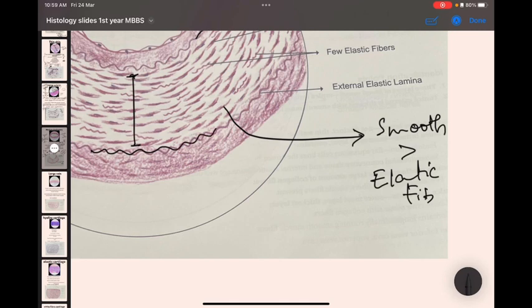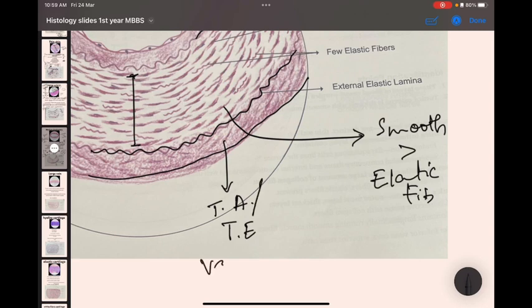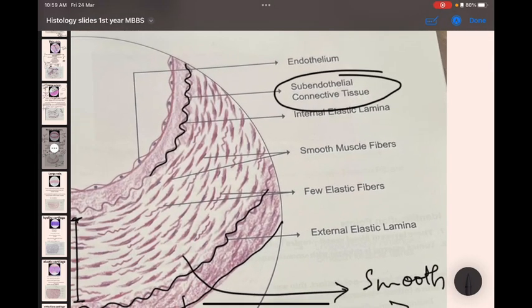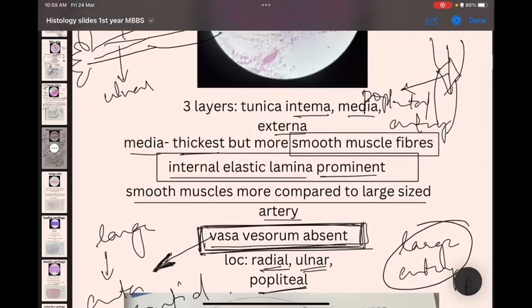Again, external elastic lamina. This is tunica adventitia or tunica externa. This does not have vasa vasorum. That's all done. Completed with the medium-sized artery.